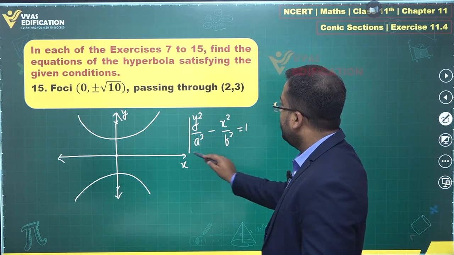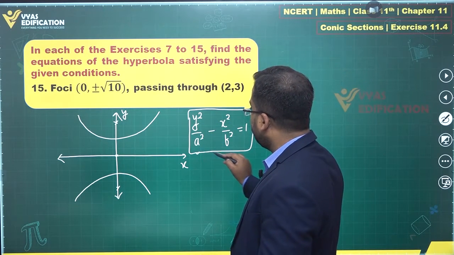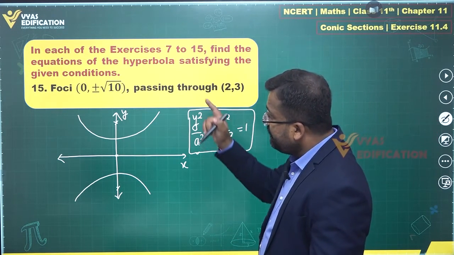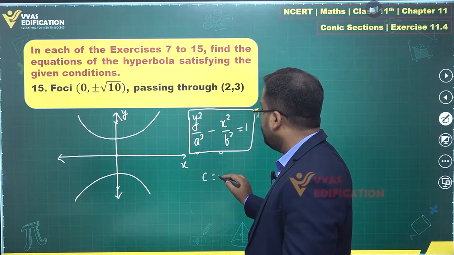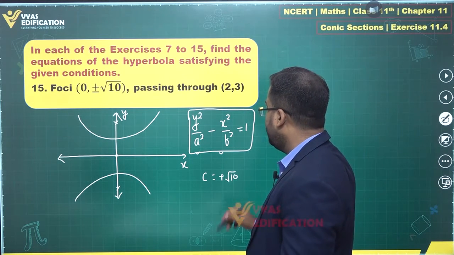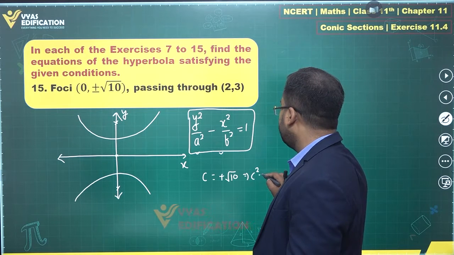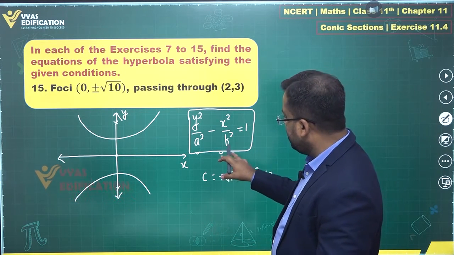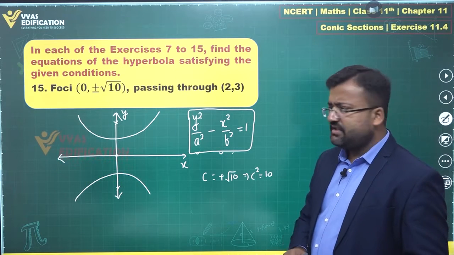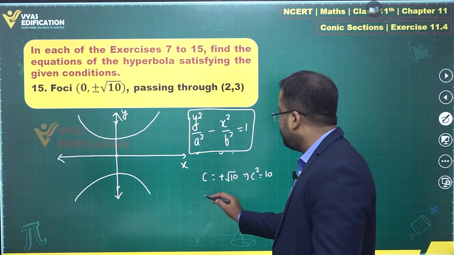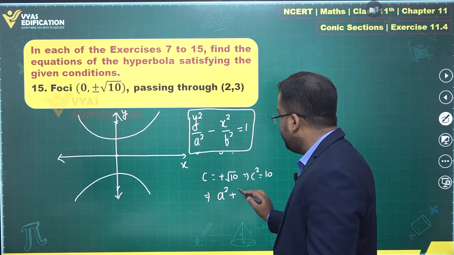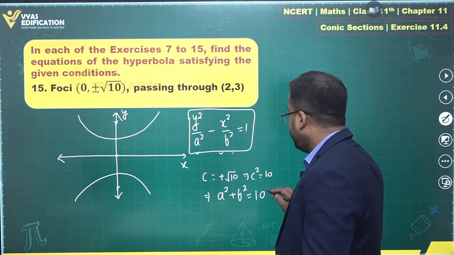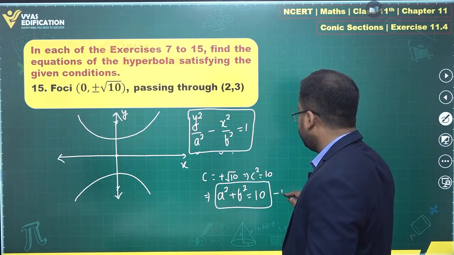And if this is the equation, the only thing that is required is a square and b square. With the help of foci, I can identify that c is equal to plus root 10. Therefore, c square is equal to 10, one thing. And passing through 2, 3 is another condition that will be checked. Okay, c square equal to 10 implies a square plus b square is equal to 10. That's one of the conditions, condition number 1.